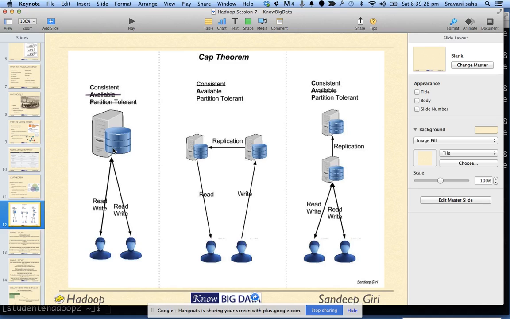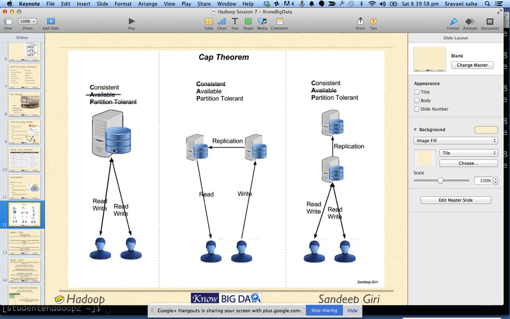Then we have something called replication, where you have two machines. Users are writing to one, and the readers are reading from the other one. For such a system to exist, you need to have a replication from one machine to another.